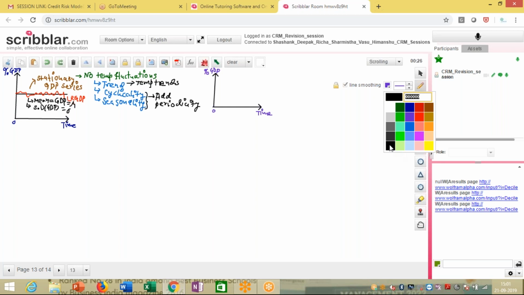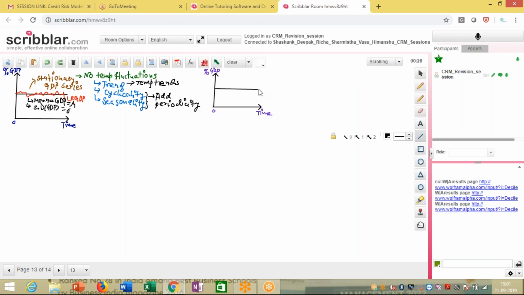Now let's say I want to draw a straight line, right? So this is the long run GDP again. The long run GDP is being defined as a constant GDP. If I take the series mean over all the 50 years and find a mean value, that is the long run mean. Now, how does your time series look in the presence of a trend?